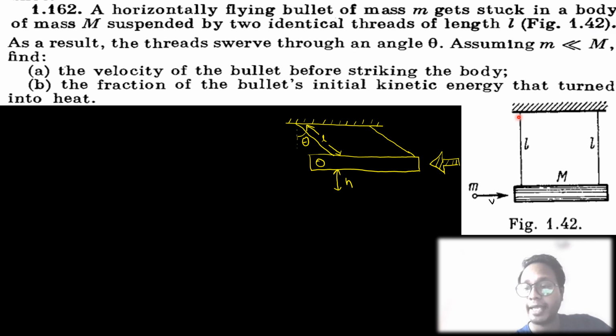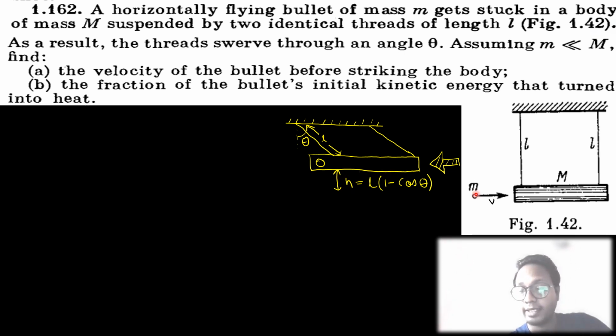Is nothing but L minus L cos theta. So this height h is nothing but L minus L cos theta, that can be written as L into 1 minus cos theta. Okay, so we have found out the height.